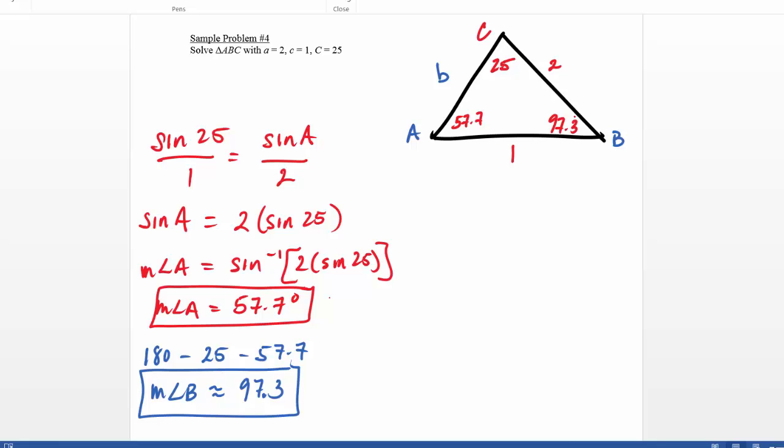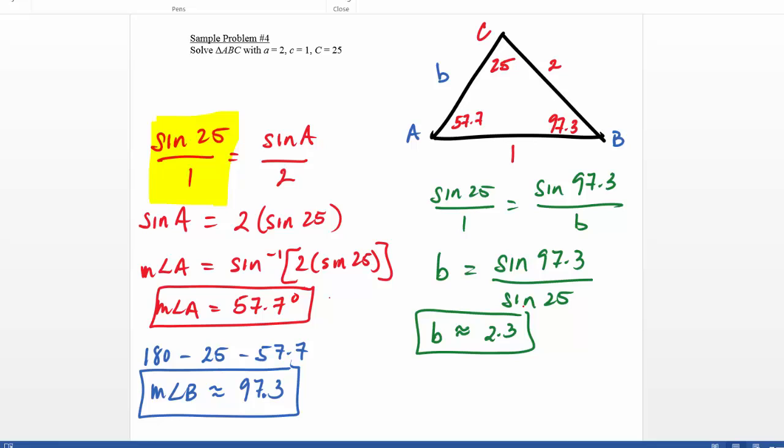Okay, so now that we have measure of angle B, we can go and work side B. And I'll go ahead and set that up with the previous ratio given with angle C and side C. And I'll use this same information to help me solve for side B. Okay, and now you can see here we've solved for all of the missing parts. And we have, at a minimum, one triangle as a solution.